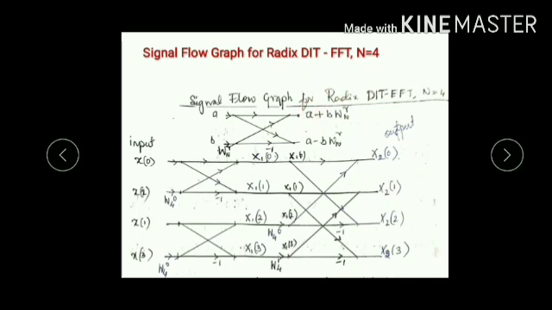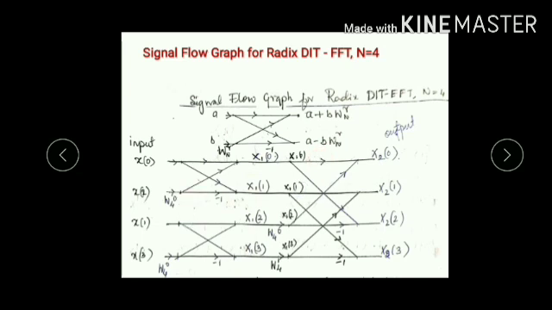Now if you want to write x1 of 1, it is simple. Just need to change that plus to minus over here. So the answer would be x of 0 minus x of 2 into W40.